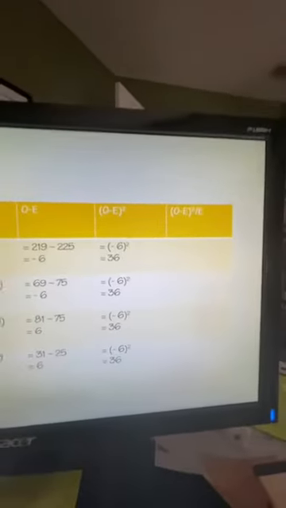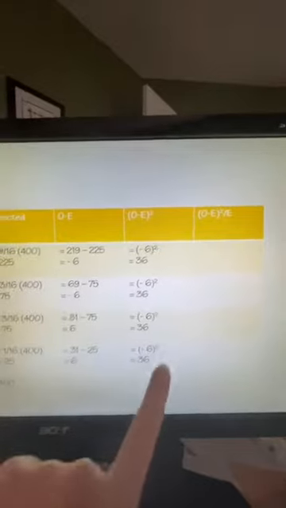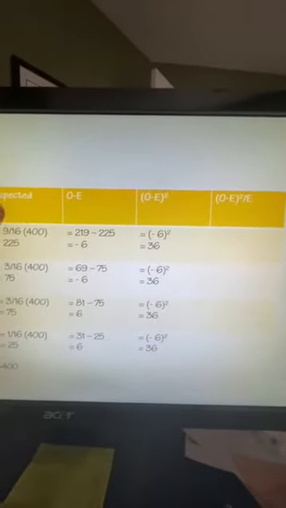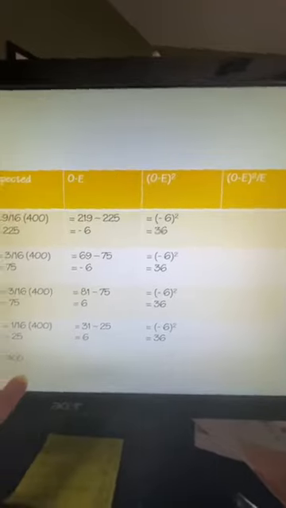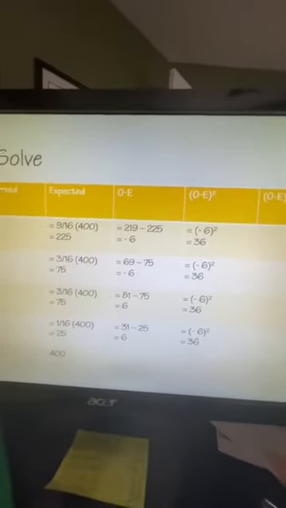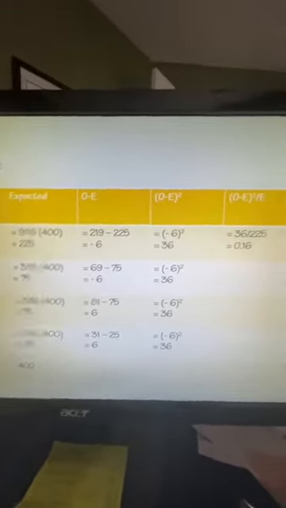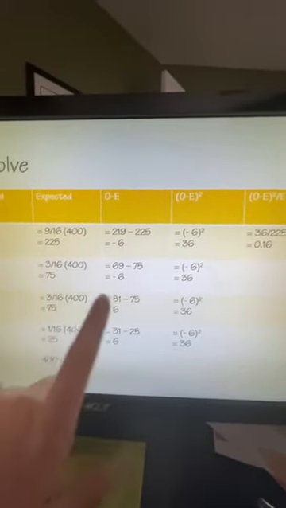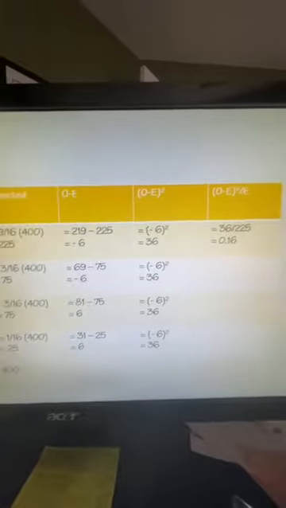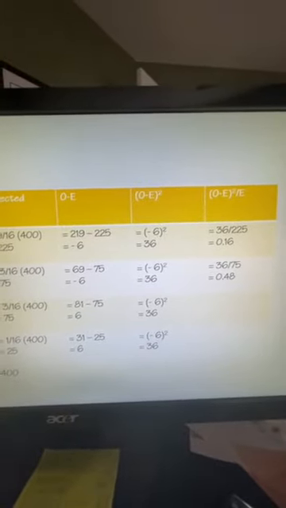And last but not least, you're going to take your observed minus expected squared, and you're going to divide it by your expected. So we're going to take 36 divided by 225, and that gives me 0.16. We'll take 36 divided by 75, and that gives me 0.48.